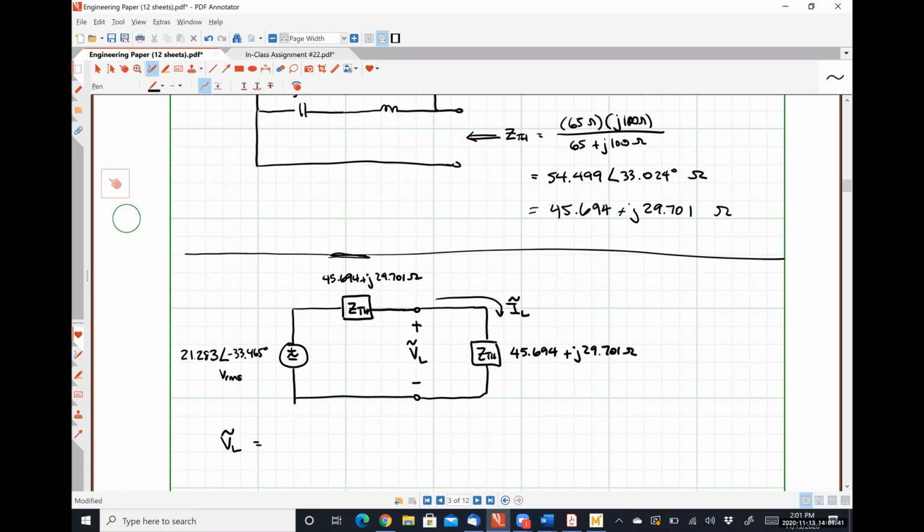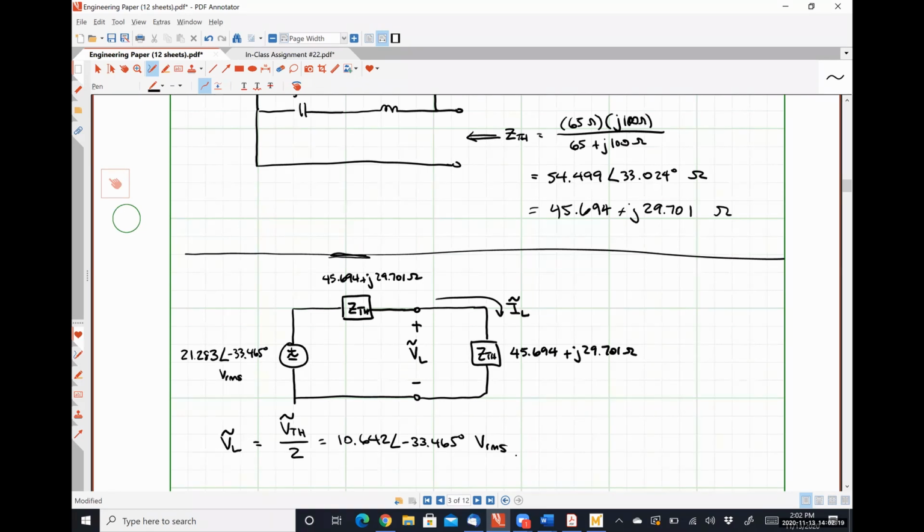So VL is going to be VTH divided by 2, which is 10.642, with an angle of negative 33.465 degrees volts RMS. So I would posit that we actually now have enough information to solve for the complex power absorbed by this guy.